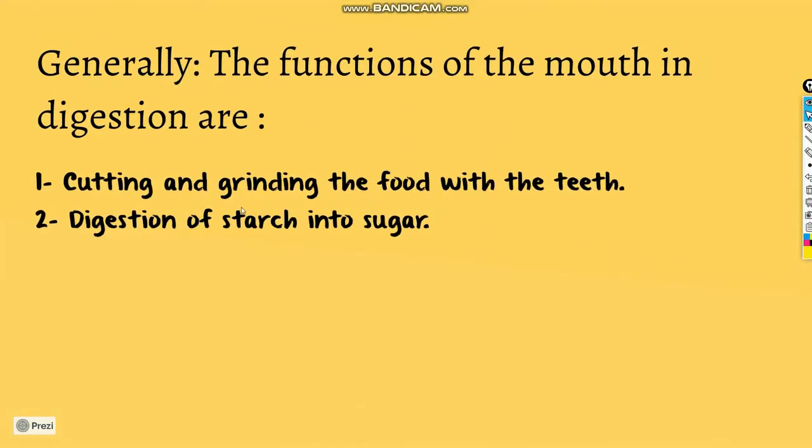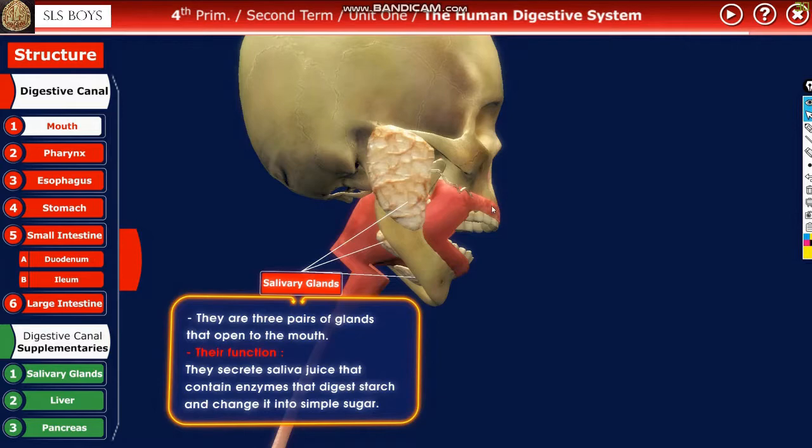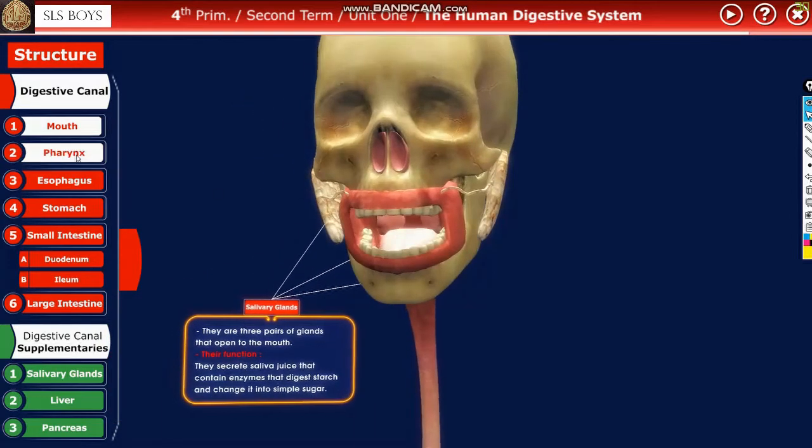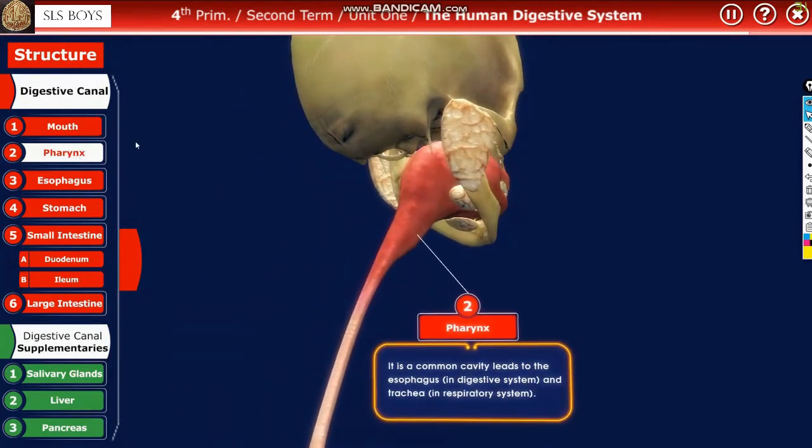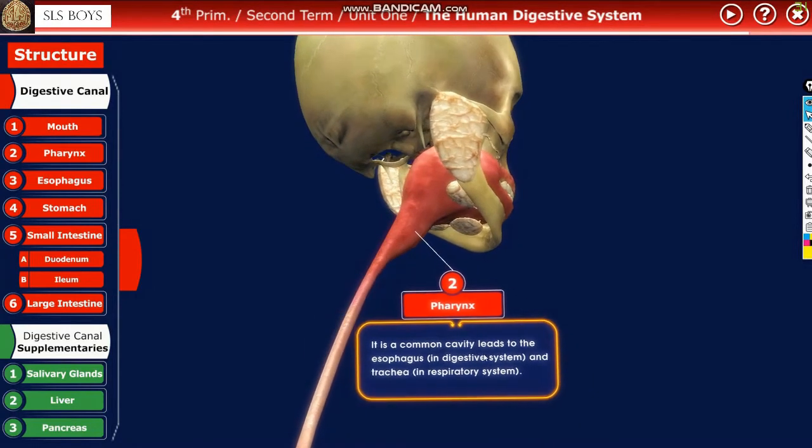So generally, we can say that the functions of the mouth in digestion are cutting and grinding the food with the teeth and digestion of starch into sugar. Next, we have the pharynx, which is a common cavity. It leads to the esophagus in the digestive system and the trachea in the respiratory system.